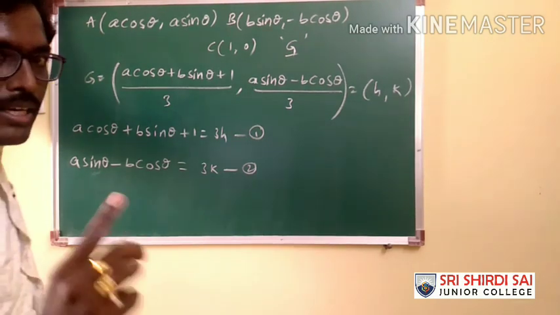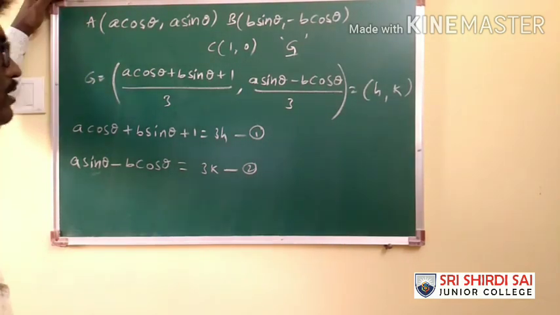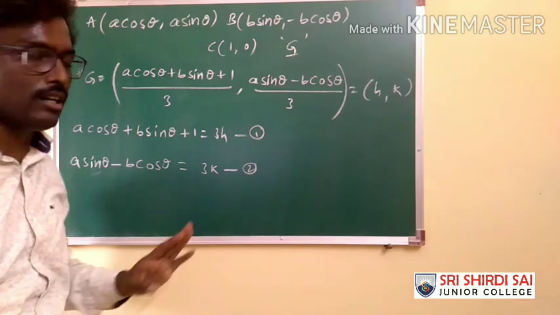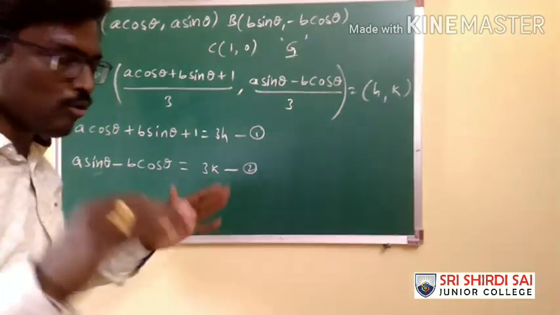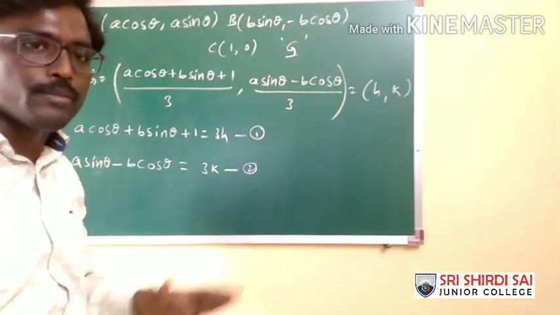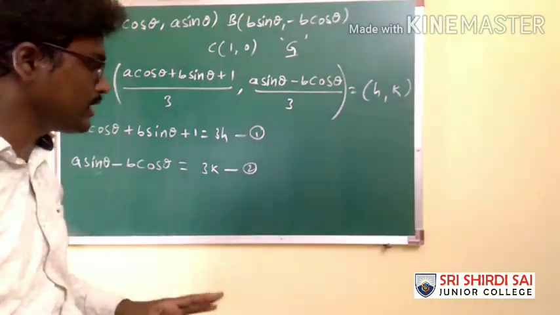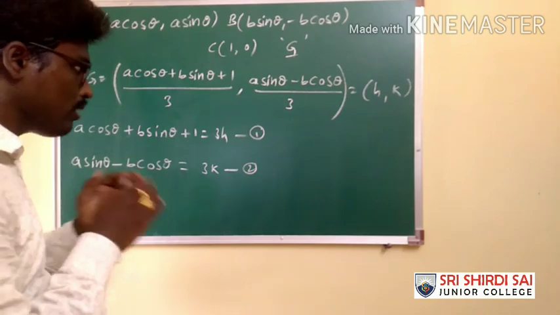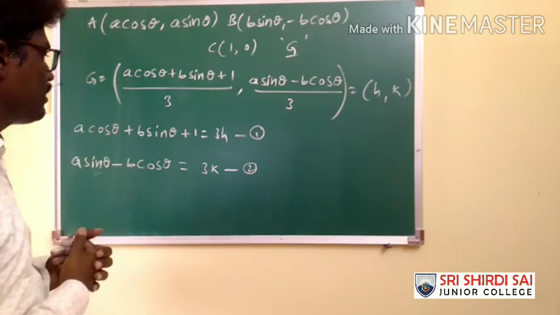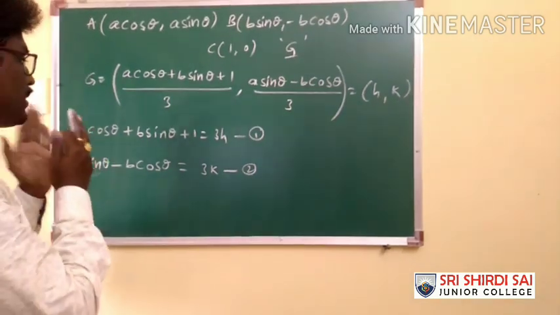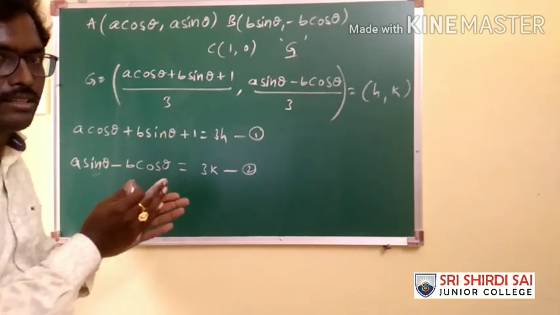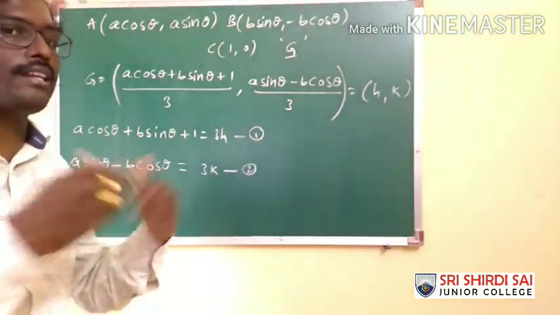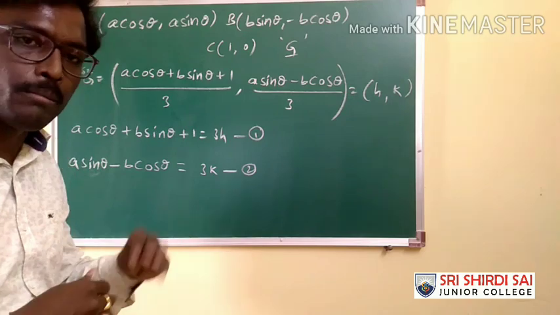Now we are supposed to eliminate theta. Remember, whenever you are talking about the locus under such conditions, your focus should be on the elimination of theta. So for elimination of theta, you have to think logically about which procedure can eliminate cos theta and sin theta: addition and subtraction, squaring and adding, squaring and subtracting, or multiplying.